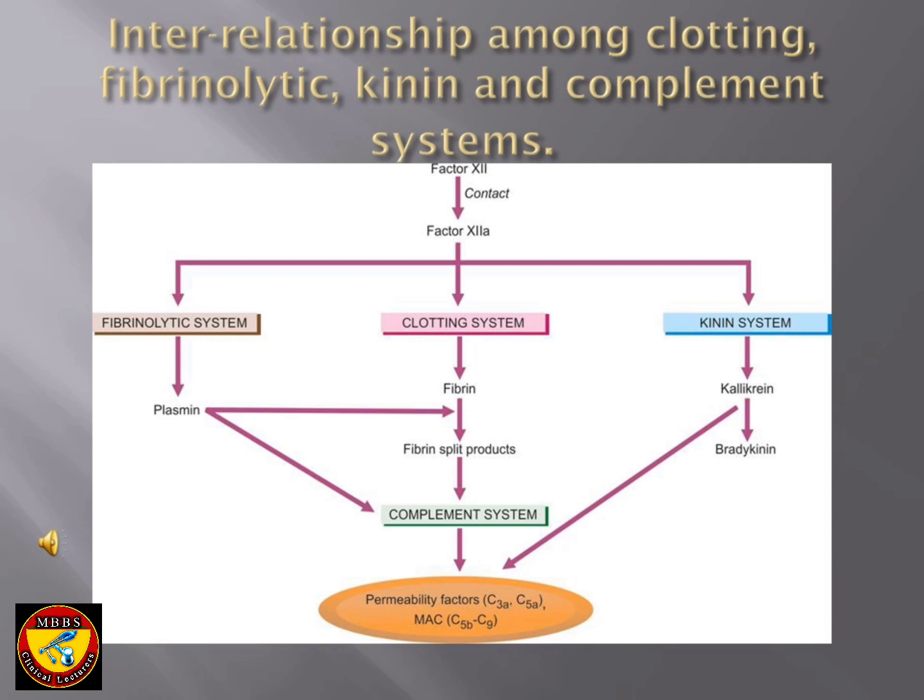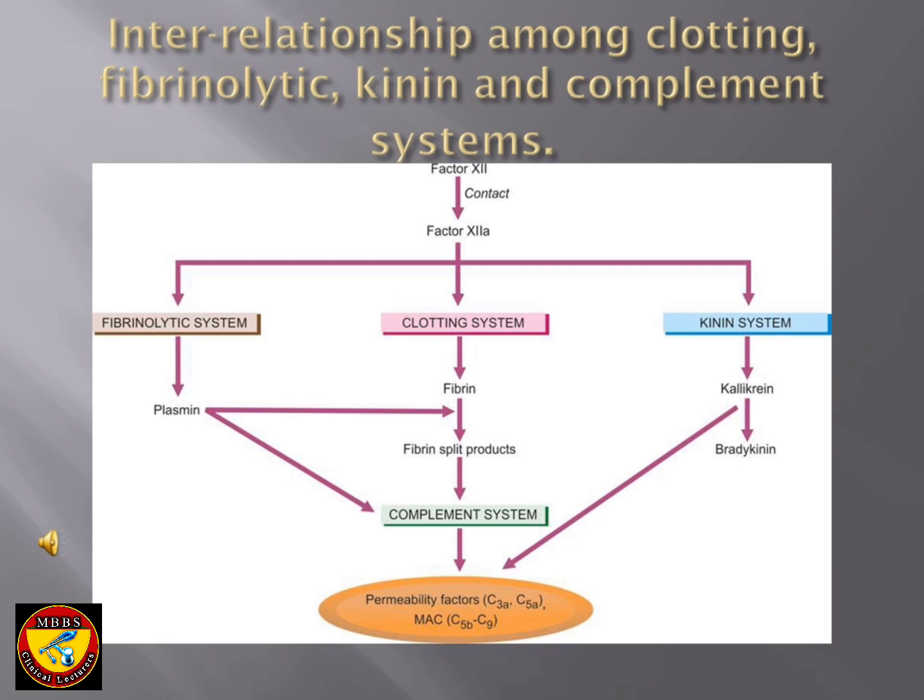The fibrinolytic system is first turned into plasmin. This plasmin activates fibrin and the clotting complement system, and in return it causes permeability factors, that is C3a, C5a. These are the complement factors.